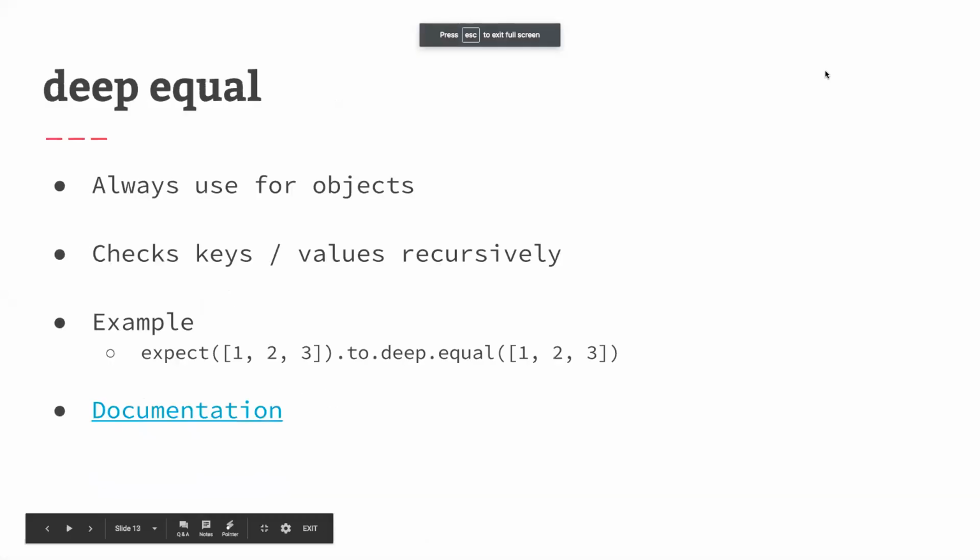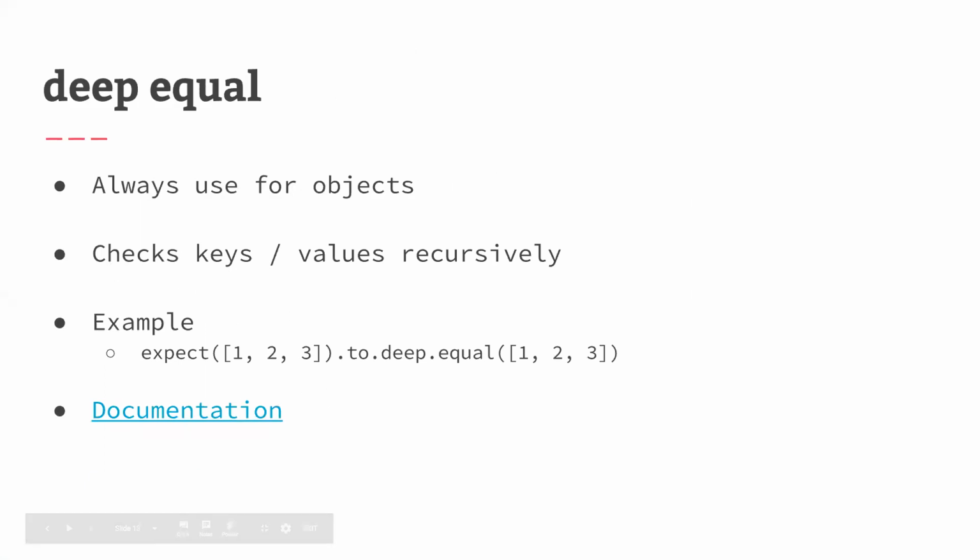All right, let's talk about that deep equal that I was referring to before. Whenever you are testing object literals or arrays, you are going to want to use deep equal. The reason is this will check all of your keys and values recursively.